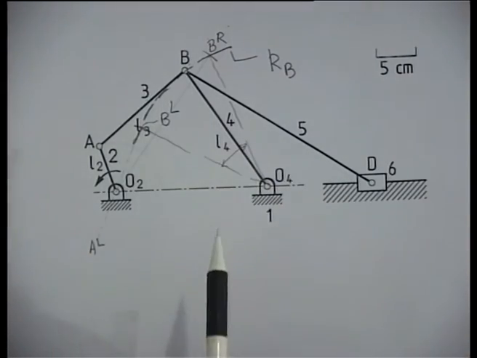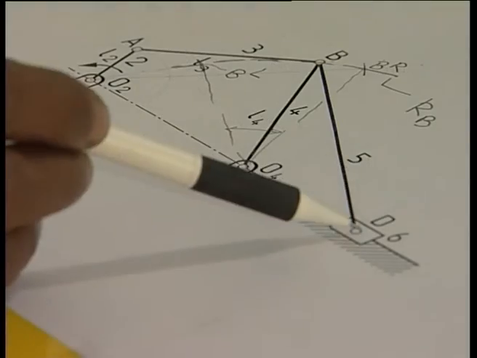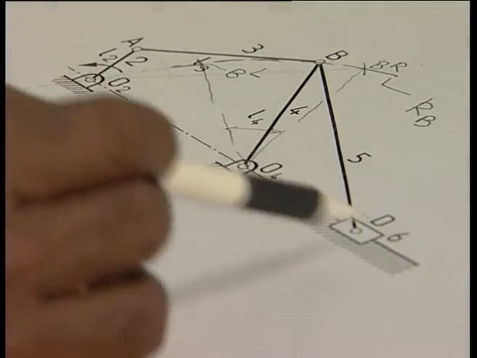Now, BD is of fixed length and D moves on this horizontal line.